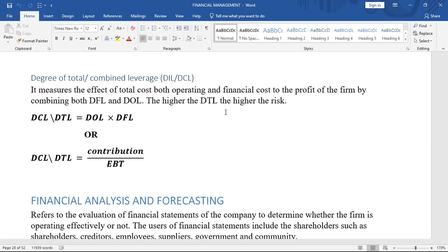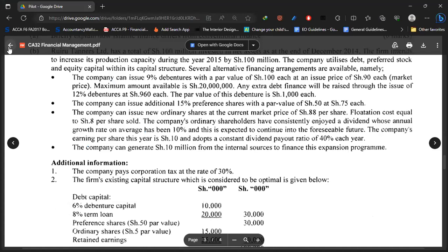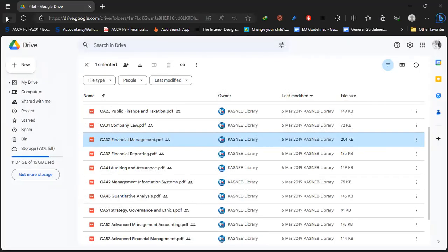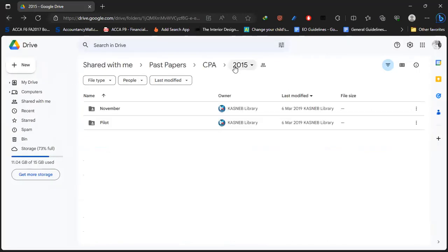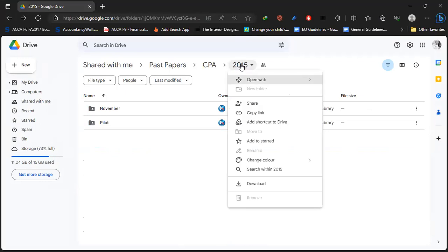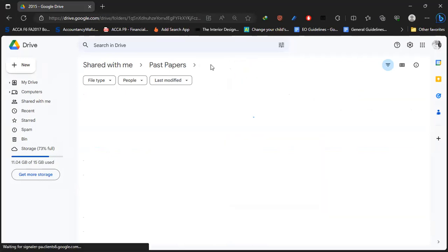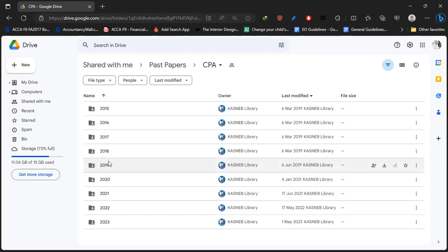So let us look at any question which was tested from these points. I think you can hear me, there is no issue with my network.